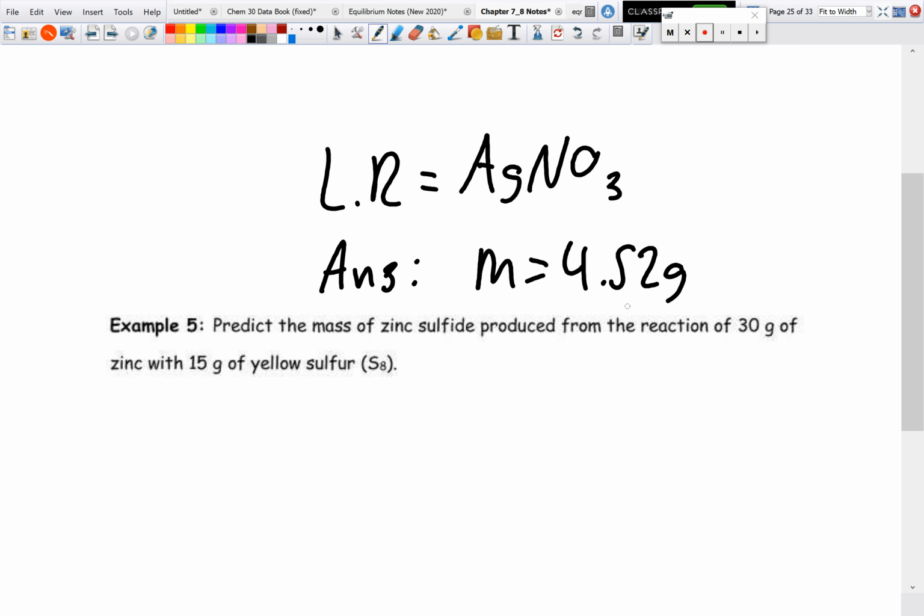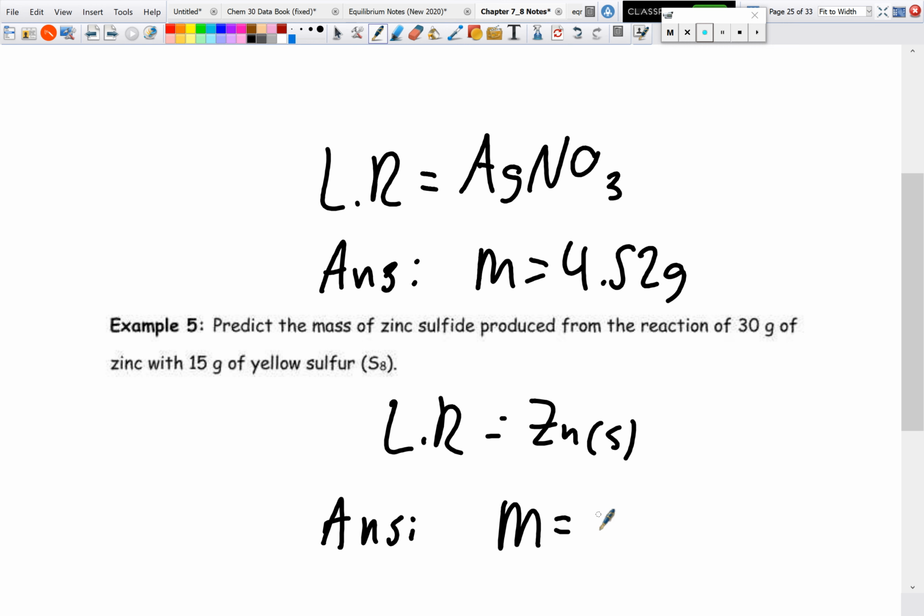And for example 5, the limiting reagent should end up being zinc, and the answer mass should be 45 grams.